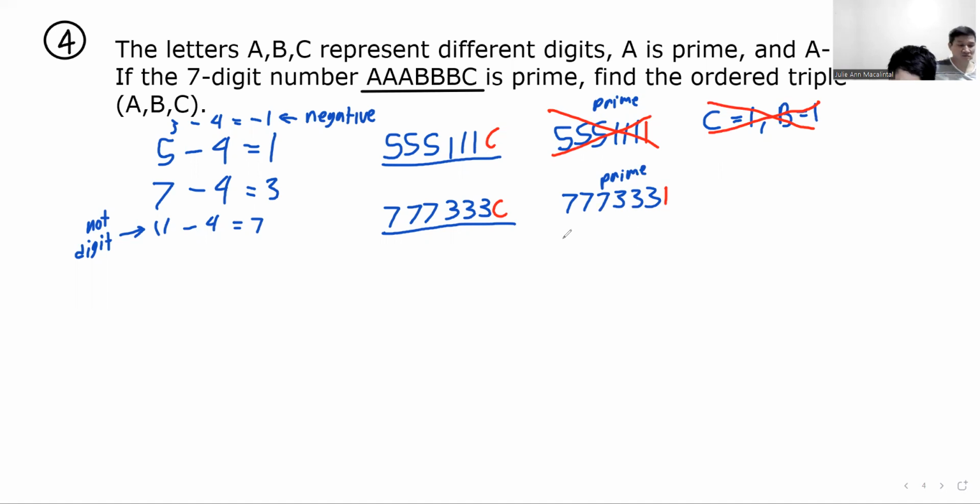We can't see any possible infringement. So A equals 7, B equals 3, and finally C equals 1. This is our answer. Nice.